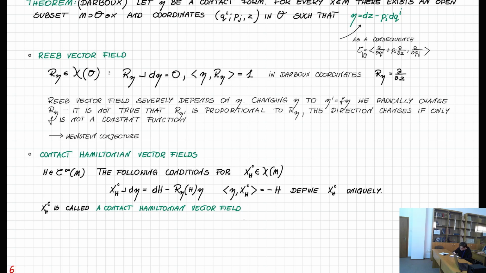We have to add something, and what we add is the condition, again, the scale. So the contact Hamiltonian vector field, contracted with the contact form, gives us the Hamiltonian up to a sign. And those two conditions define the Hamiltonian vector field uniquely, as we will see while, for example, calculating in coordinates. Such a vector field is called a contact Hamiltonian vector field. This adjective should distinguish it from the symplectic Hamiltonian vector field.